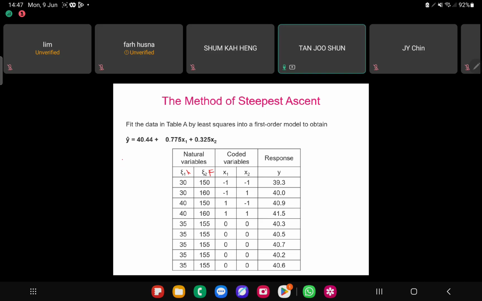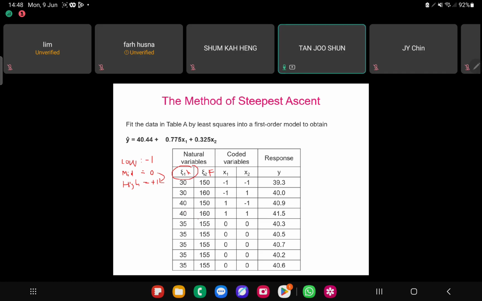I know the low level is -1, mid is 0, high is 1. Just now I mentioned factor 1 moves 1 unit, meaning 0 to 1 unit. This is 1 unit.